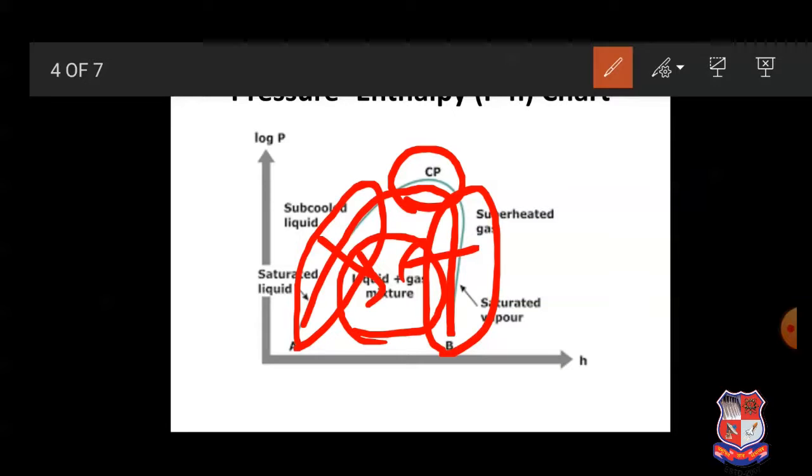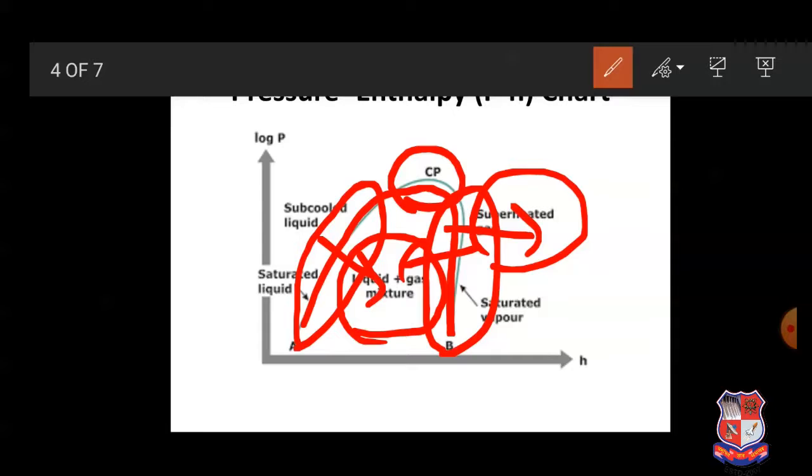The right side of the saturated vapor is called the superheated region. Superheated means the saturated vapor is heated once more, so it becomes a superheated vapor.